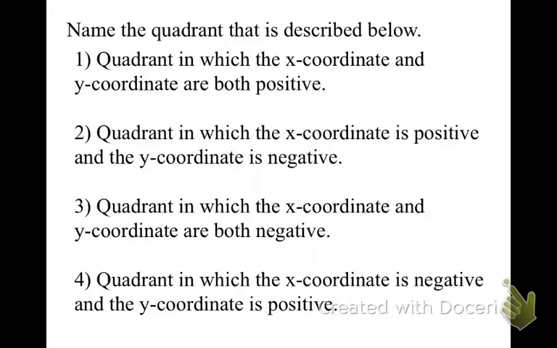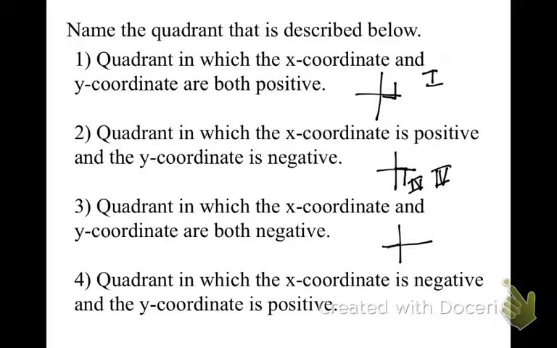Where the x-coordinate and y-coordinate are both positive, again, I'm drawing it. I'm going positive, positive. It means I'll be in quadrant 1. The second one is where the x-coordinate is positive and the y-coordinate is negative. That would take me into quadrant 4. The next one, where the x-coordinate and the y-coordinate are both negative.